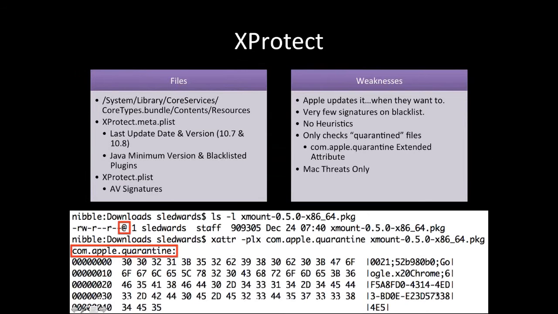Now this particular one, I can see by the contents of it, was Google Chrome. So this xmount-0-5 was downloaded with Google Chrome. It's downloaded with this date here, and this is just a hex version of an epoch time. You can convert that. But any file that gets executed that has this com.apple.quarantine extended attribute, as designated by the @ sign in an ls listing, is going to go through the XProtect processes.